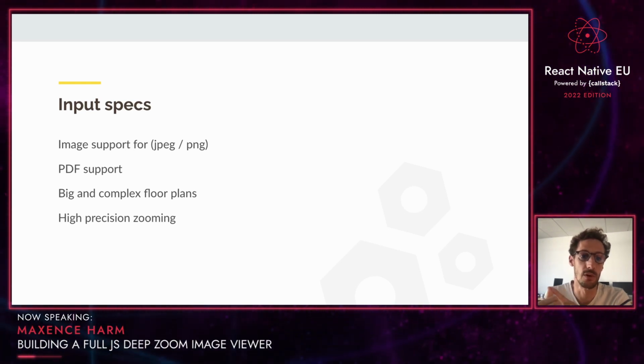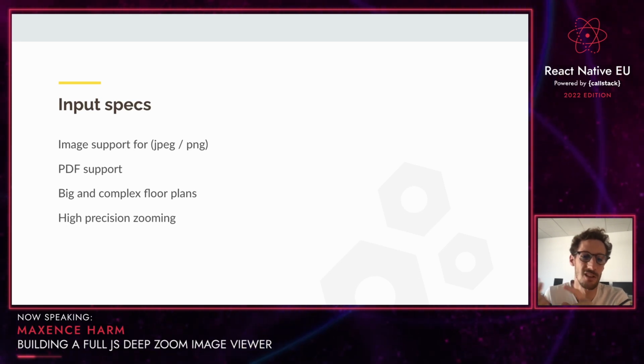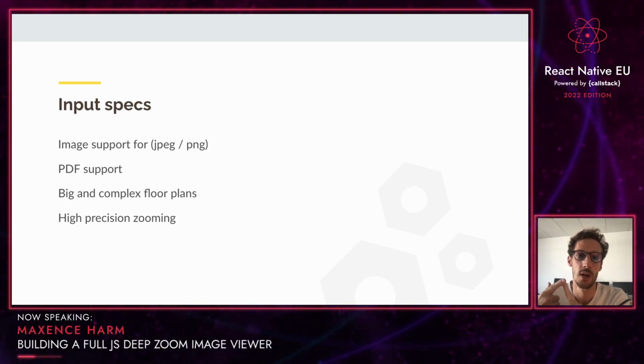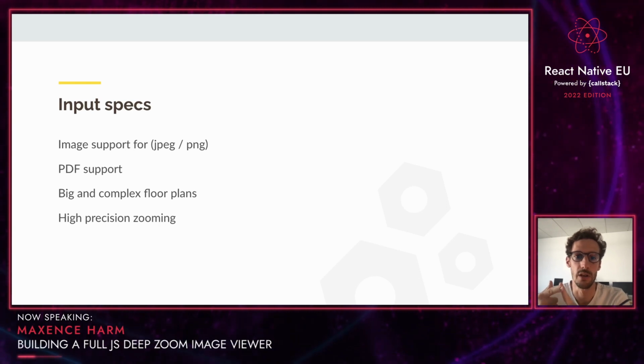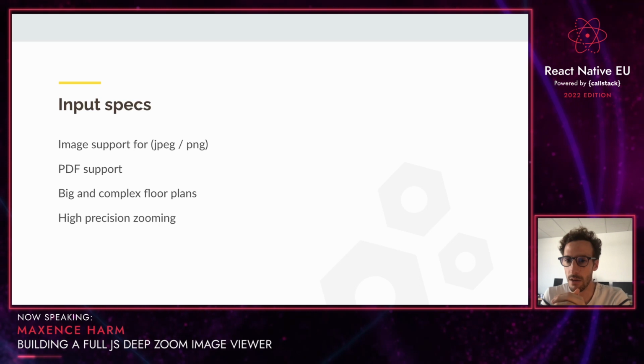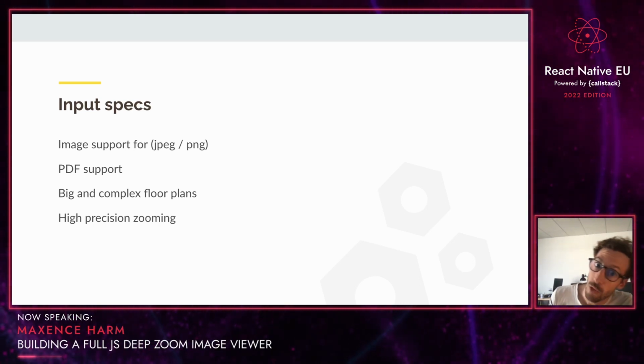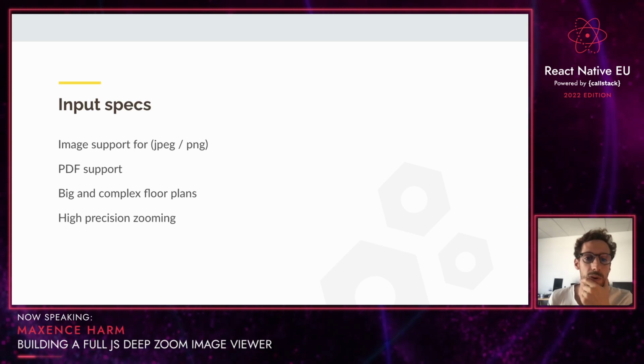Same image support as V0, JPEG and PNG. We need PDF support for single and multi-page, but this does not specifically affect our viewer, as we decided to treat each page as a separate blueprint, and the processing is done on the back end, so we will still have the same output for our viewer.